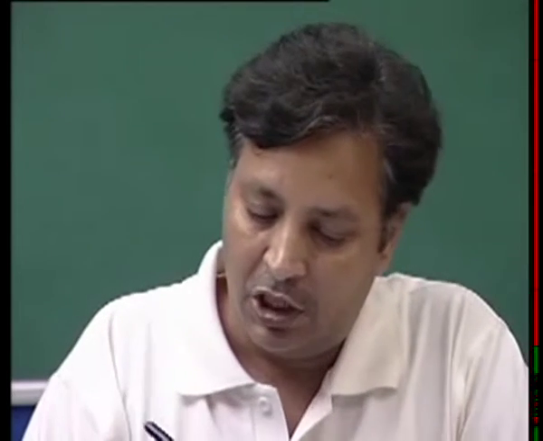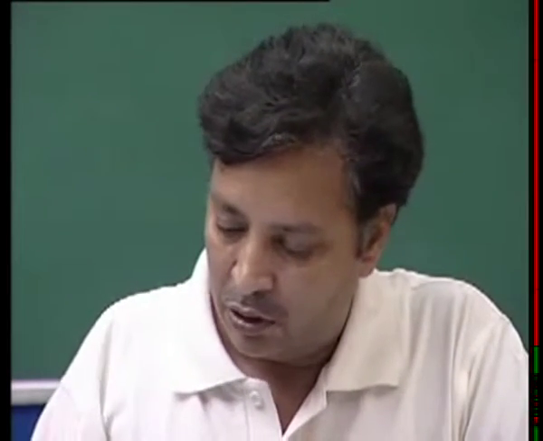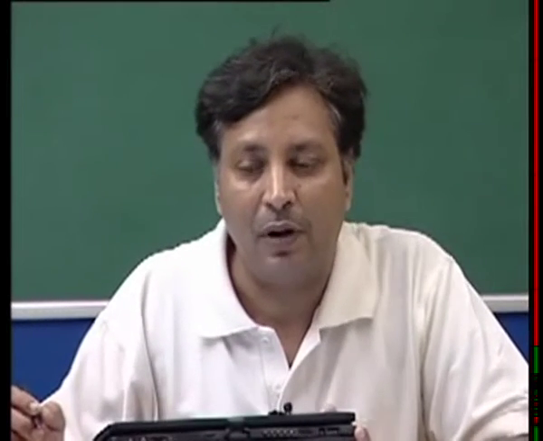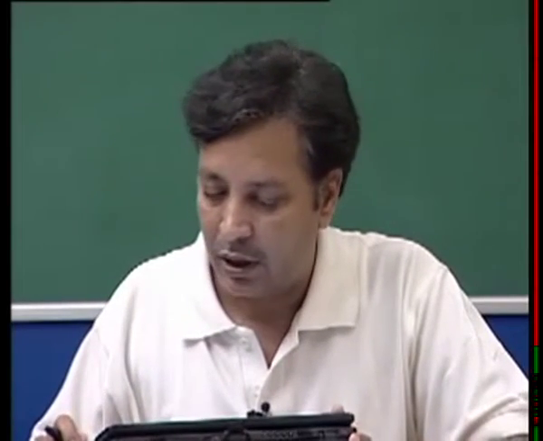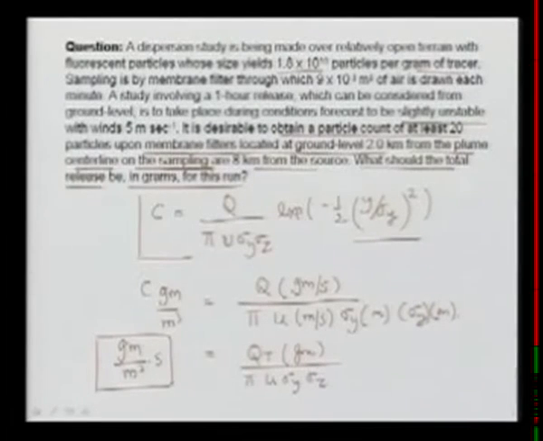But here I want the units to be grams per second per meter cube. So this grams, that is my 20 by 1.8 into 10 to the power 10. If I divide this by the flow rate of my sampler, let's go back and see what the flow rate of the sampler is. Where is the flow rate? The filter through which 9 into 10 to the power minus 3 meter cube of air is drawn each minute.